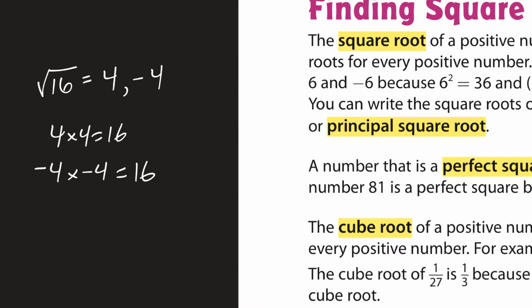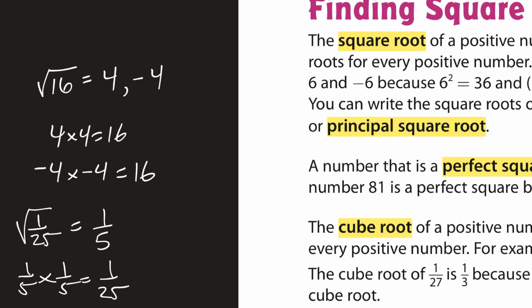And what they're saying over here is the square root of 1 over 25 is equal to 1/5, because 1/5 times 1/5 is equal to 1 over 25. Oh, but it also could be -1/5, because a negative times a negative is a positive. That's what's happening with all that.